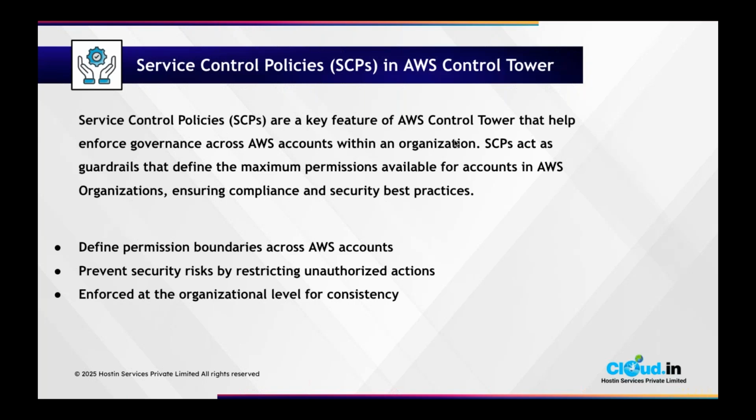For this, you can create an SCP that explicitly denies IAM user creation for non-administrative accounts. The SCP is attached at the organization level. It will restrict IAM users across all child accounts except those in the designated administrative OU.